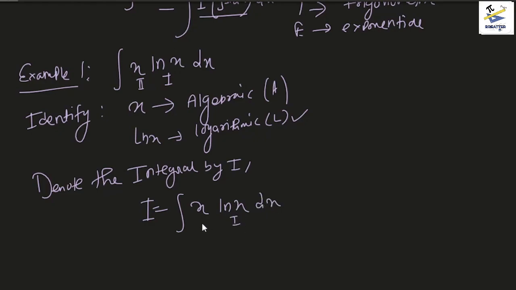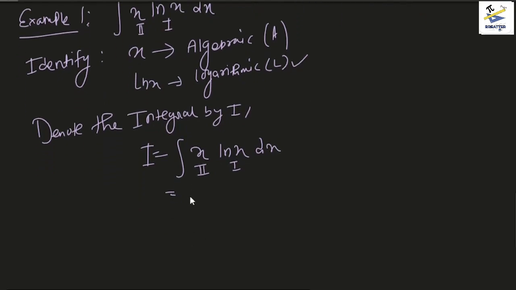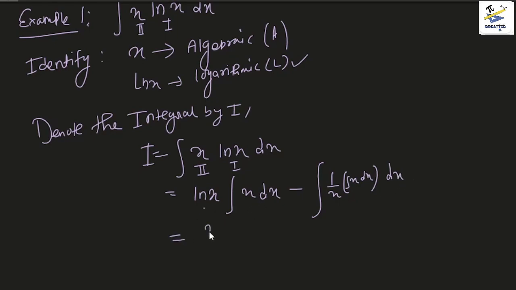Given that we are denoting log x as the first function and x as the second function, we should have the first function into the integral of the second function, minus the integral of the derivative of the first function, which is just 1 by x, into the integral of the second function, and the integral of the whole thing, right? So the integral of x dx is just x square by 2, right? So it should be x square ln x by 2 minus, we have already found the derivative of log x, which is 1 by x, and again the integral of x is x square by 2.